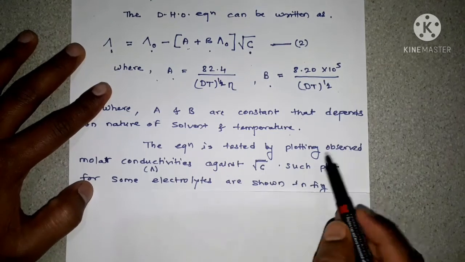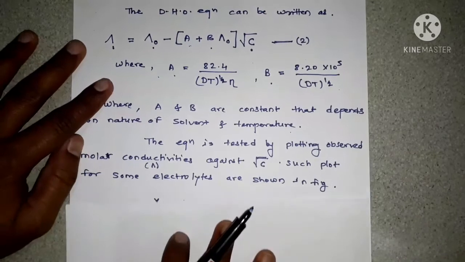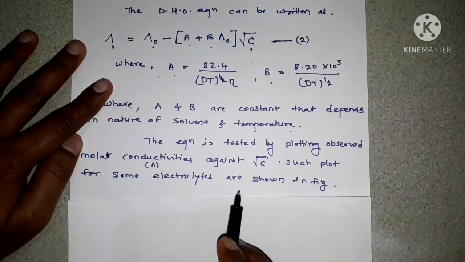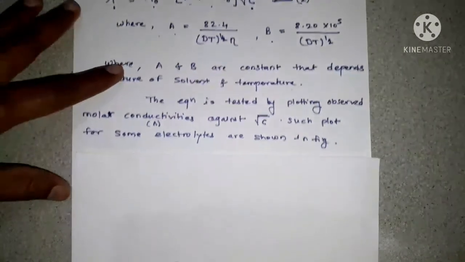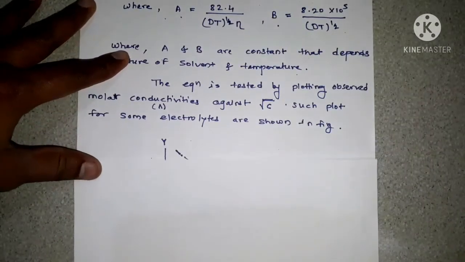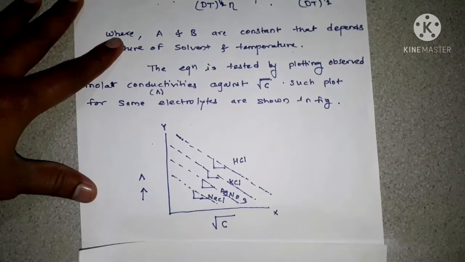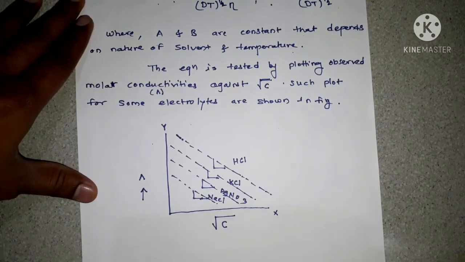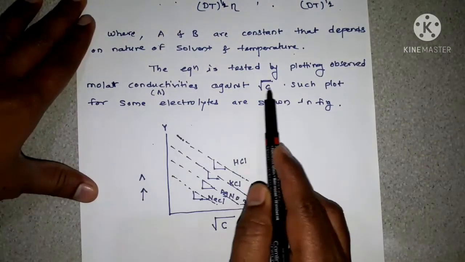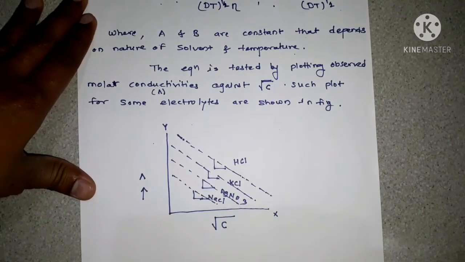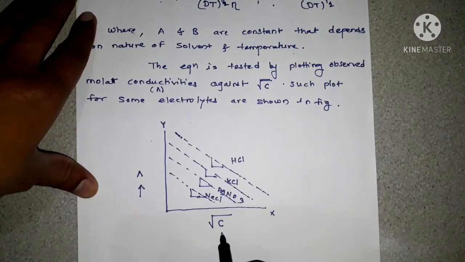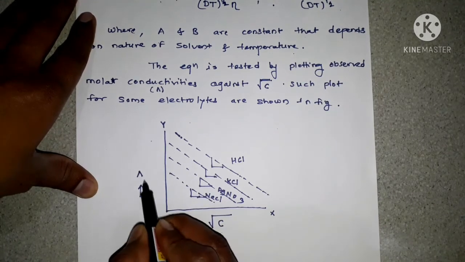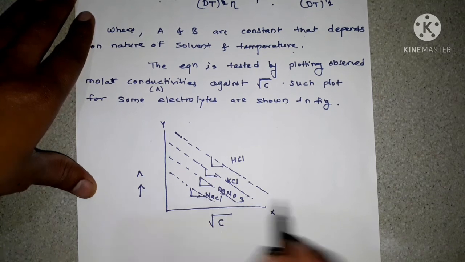Such plots for some electrolytes are shown in the figure. So let us see, we have to draw one graph for this, molar conductivity against under root c. On the x-axis we take under root of concentration, and on the y-axis we take molar conductivity.